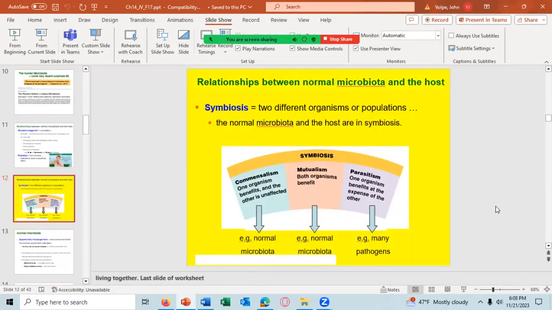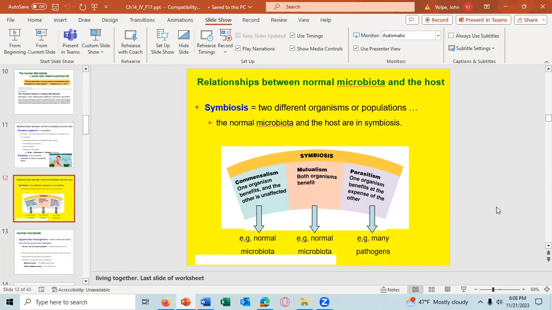All right, the normal microbiota and the host establish a relationship, and that relationship will be symbiosis, where two different organisms or populations live together. But they're not just in any symbiosis. They're either in commensalistic symbiosis or mutualistic symbiosis.